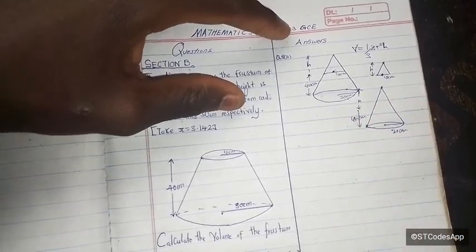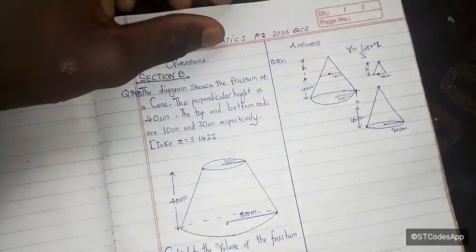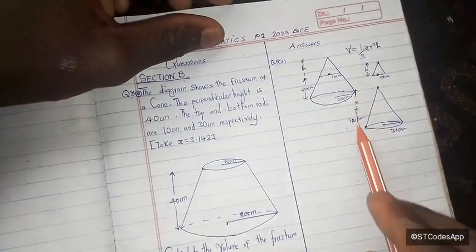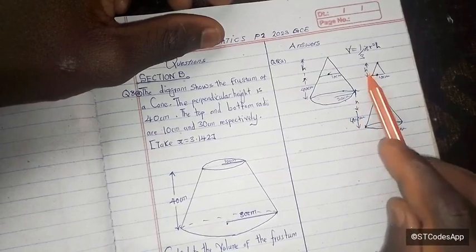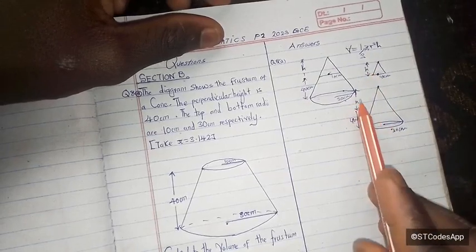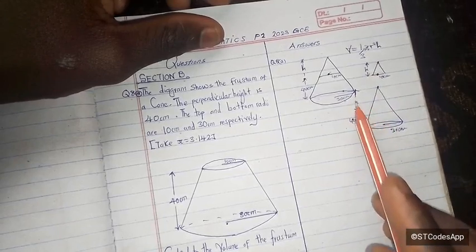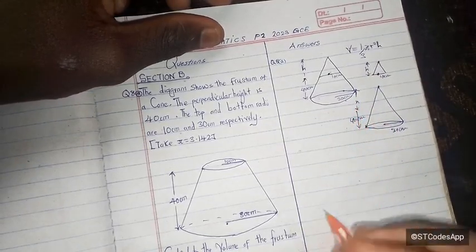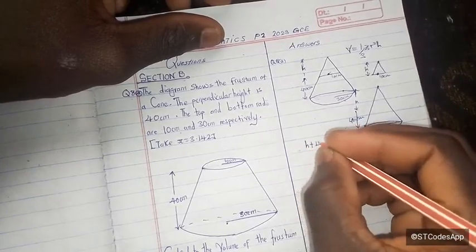To calculate the small height, we are going to use similarity. The whole height, h and 40, is related to this h here. Since I don't know the value of h, to connect h and 40, I'm going to use plus, so h plus 40.